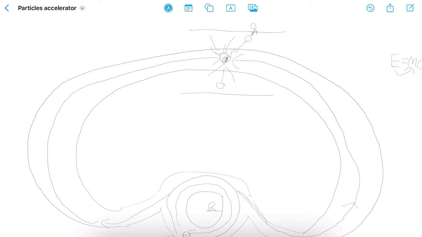In the Big Bang, all matter and energy emerge from a point, and you can imagine they are released all at once, so the temperature and density are very high, and also the energy of the particles is extremely high, and we want to simulate this energy in our particle accelerator.